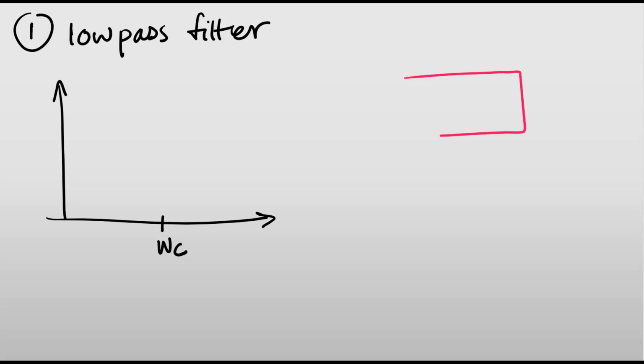A low pass filter has a cutoff frequency, which I'm going to show as omega c. I have a system or circuit, and I'm applying a sinusoid with a particular frequency, for example, a cosine of omega t.